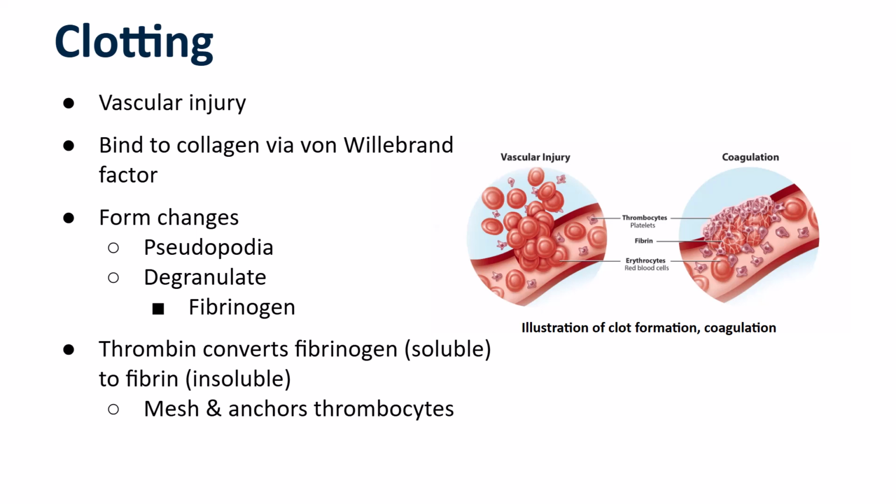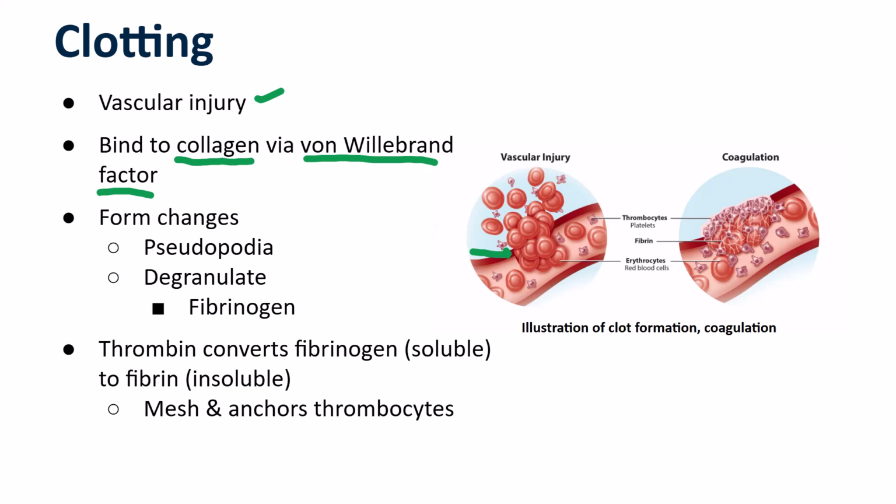The clotting pathway can be very complex, but we will simplify it to the best of our ability in the context of an anatomy course. So this all begins with vascular injury. So there is some sort of discontinuity within a blood vessel. Now, what happens then is that platelets can begin to bind to collagen, which has been revealed by this injury, through an intermediate, and the intermediate is called von Willebrand factor.